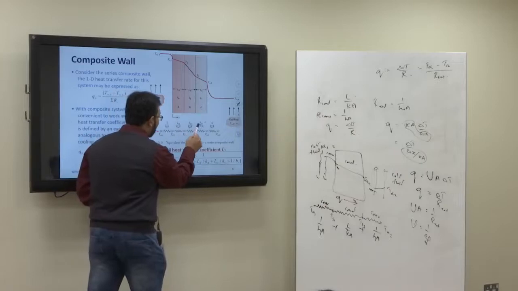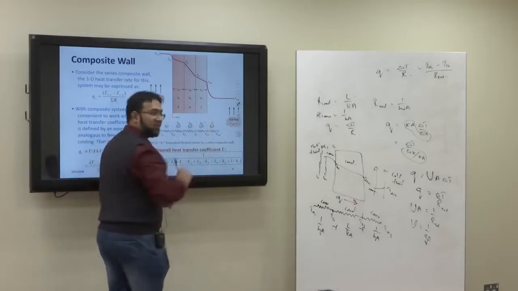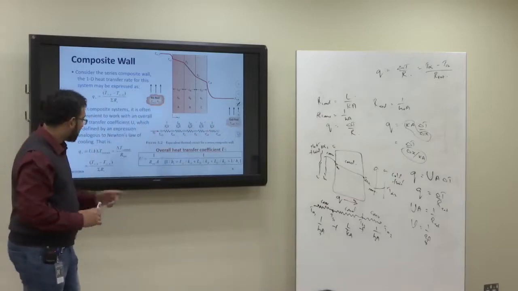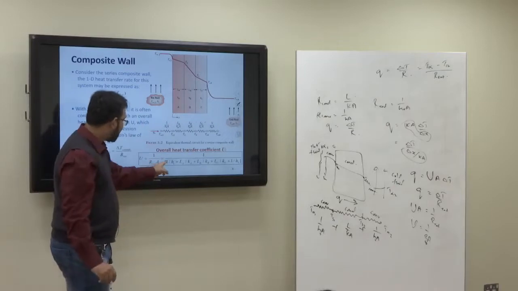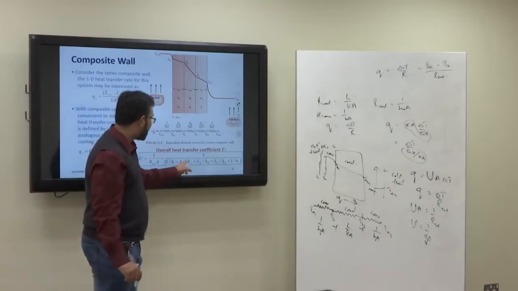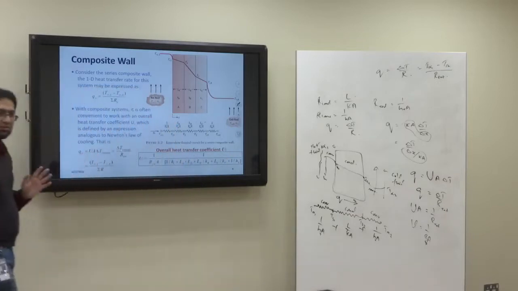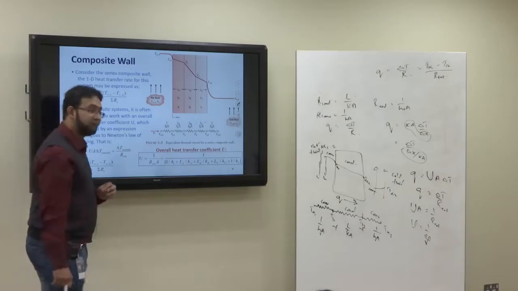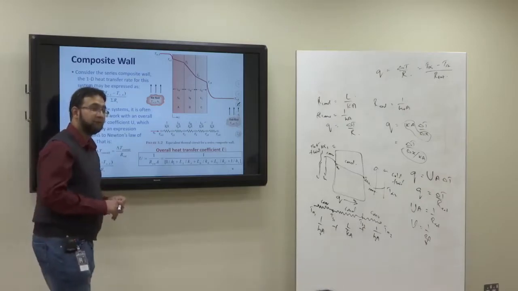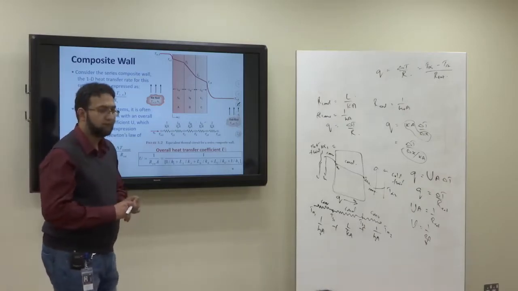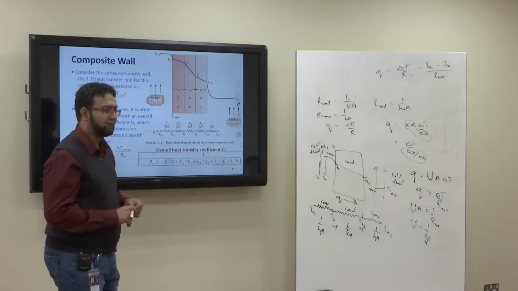So U, 1 upon R A total, is equal to 1 upon H1 plus L upon K plus L upon K plus L upon K plus 1 upon H2. Is it clear? So now we found the coefficient, and we can use that.